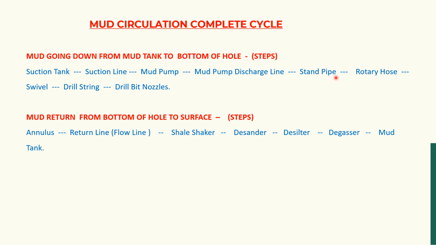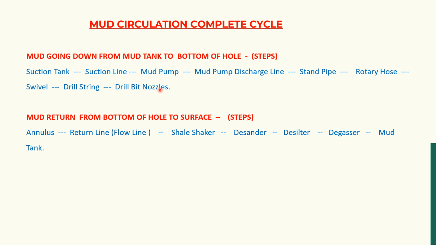From the standpipe it goes to the rotary hose, which is also called the Kelly hose, and from the rotary hose it goes to the swivel. From the swivel it goes to the drill string, and from the drill string it goes to the drill bit nozzles, because there are nozzles in the drill bit, and from those nozzles the drilling mud comes out to the bottom of the hole at very high speed and very high pressure.